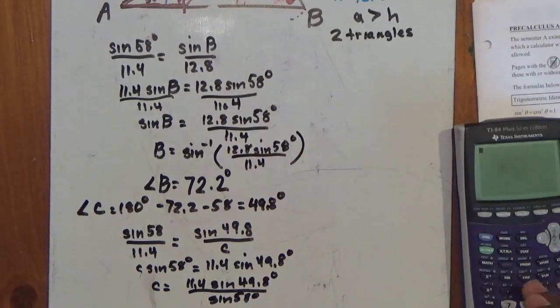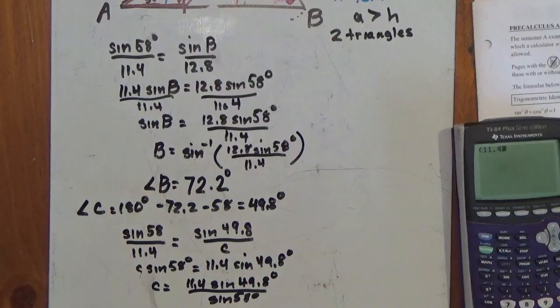That's parentheses 11.4 sine 49.8, close, divided by sine 58.